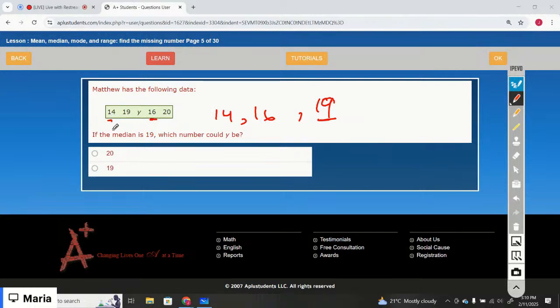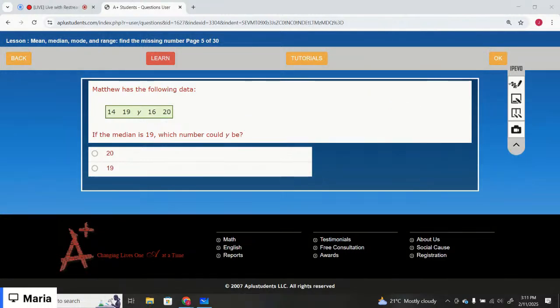They are 16 and 14. And the numbers after 19 are all the numbers that are greater than 19. So Y could be which number? Either 20 or 19, right? Let's suppose 28 is.